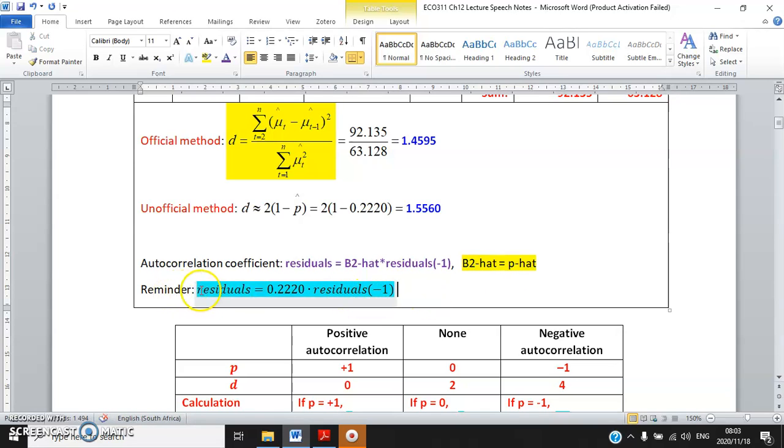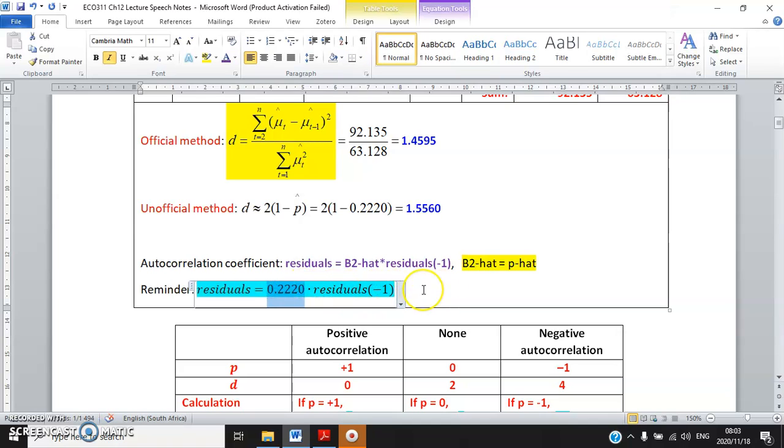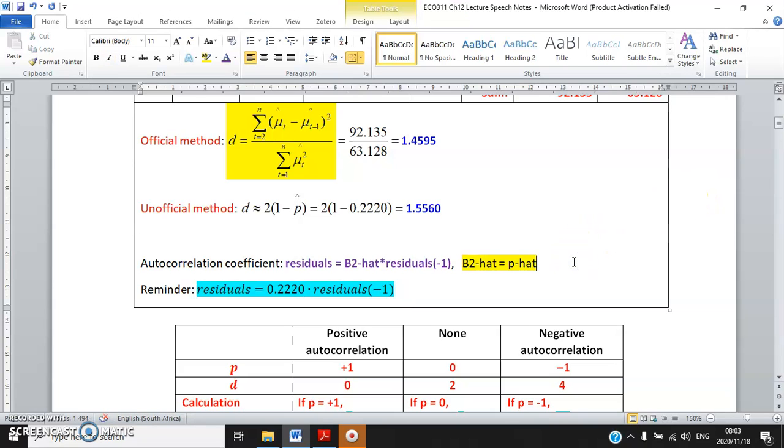So this is an example. From this regression, we see the autocorrelation coefficient is 0.222. Then we say positive autocorrelation, and it is quite a weak positive autocorrelation. By the way, I need to talk about the range. It would be from -1 to +1.